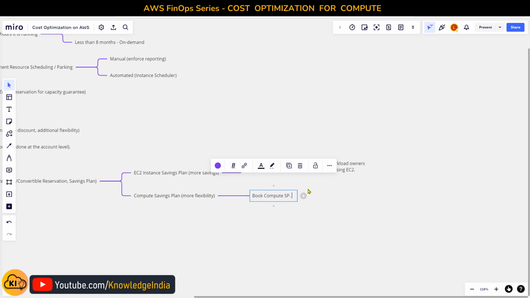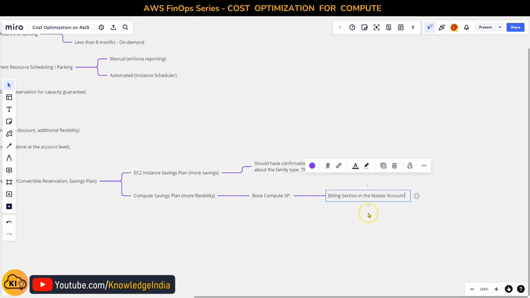So the important thing is, how do you find it out, right? What you could do is go to the billing section in the master account. And here if you go to Cost Explorer, you will find the savings plan recommendation on the left side, right?